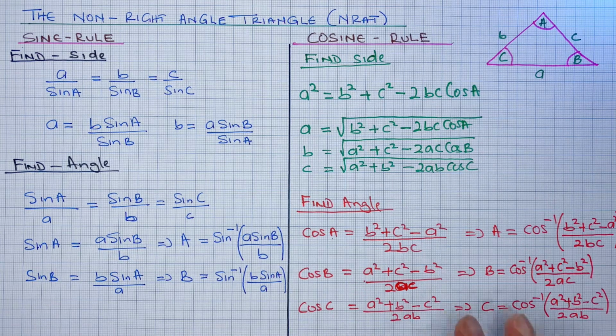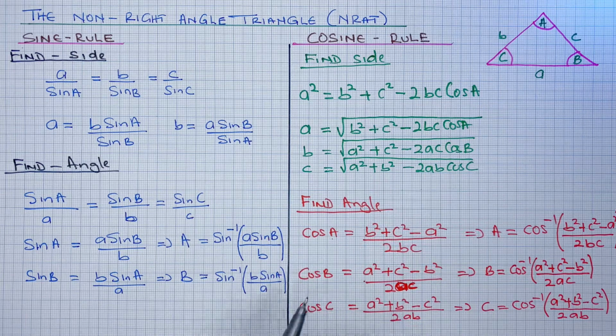So that's how you find the angles using the cosine rule for a non-right angle triangle.